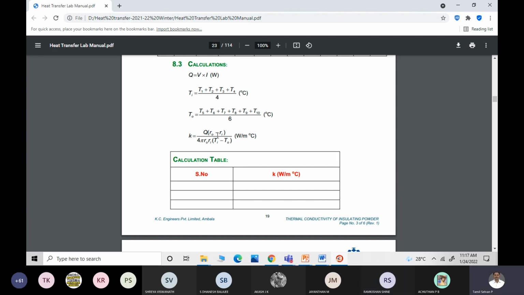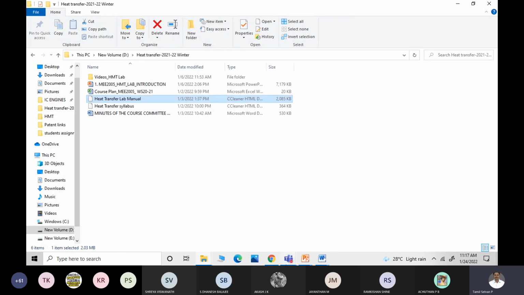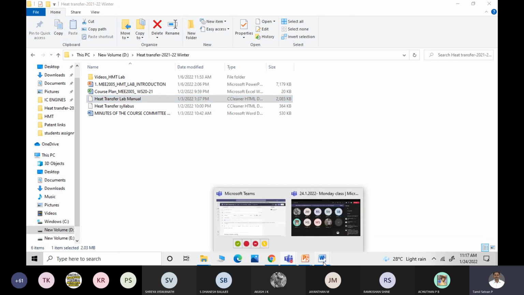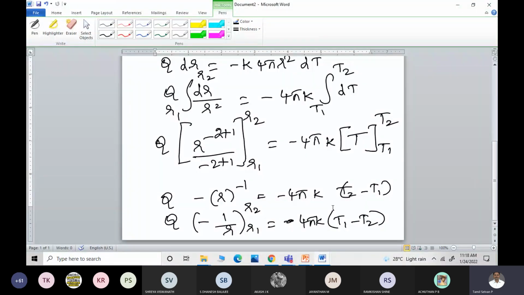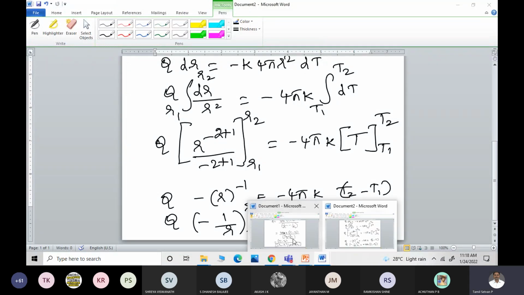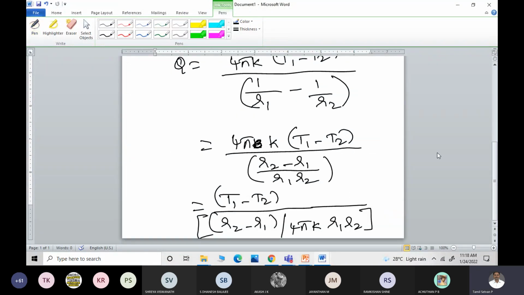Yes, sir. q equal to 4 pi k R0 RI into del T divided by R0 minus RI. That's the formula they have used here. Whatever you study in theory, you will be doing in the lab also. This is the expression for a composite sphere.